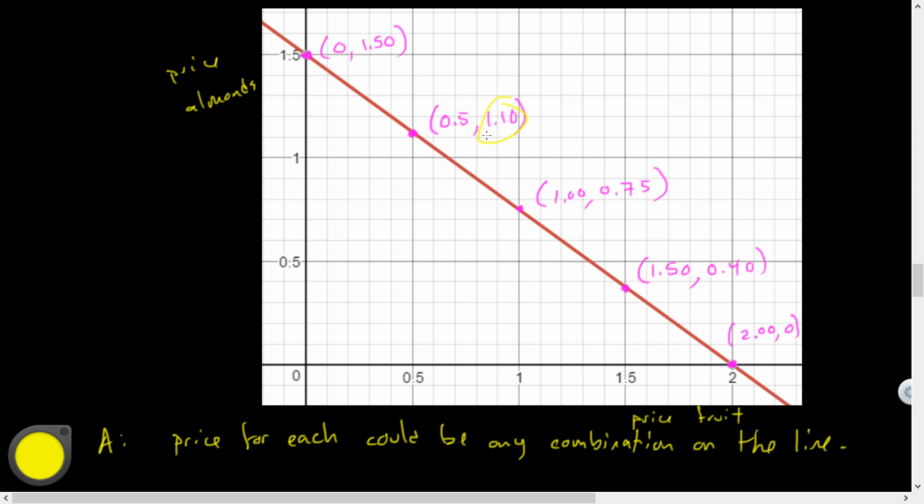Otherwise, if almond prices go up and fruit prices stayed the same, then maybe you won't sell as many, but you got to figure it out. So this line is meaningful in that sense, that you can at least use it to make predictions or react to market values.